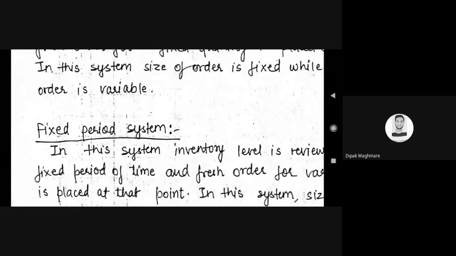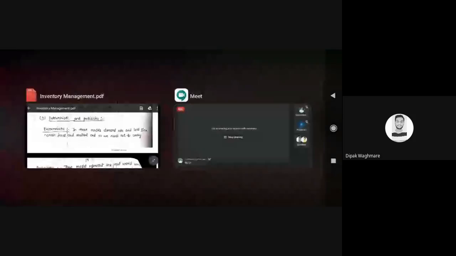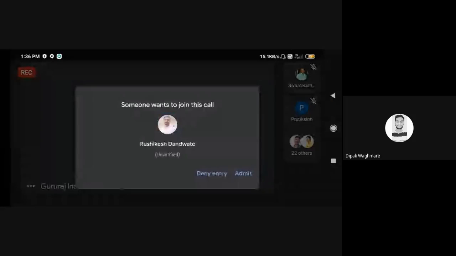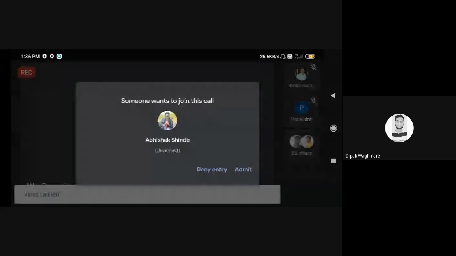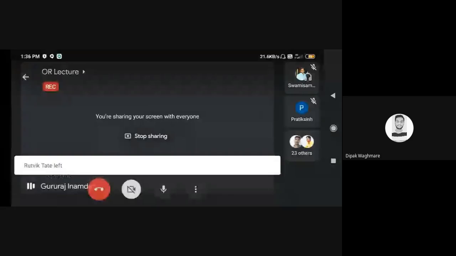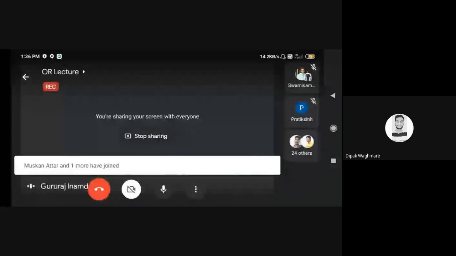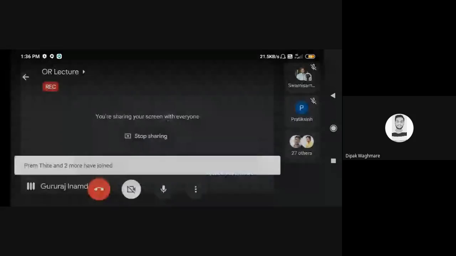Next are deterministic and probabilistic models. The difference is that deterministic is where we can make calculations. But probabilistic, for example COVID-19 arriving certainly, we did not know beforehand that COVID was coming.